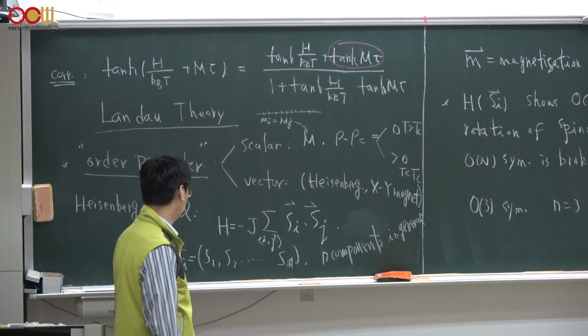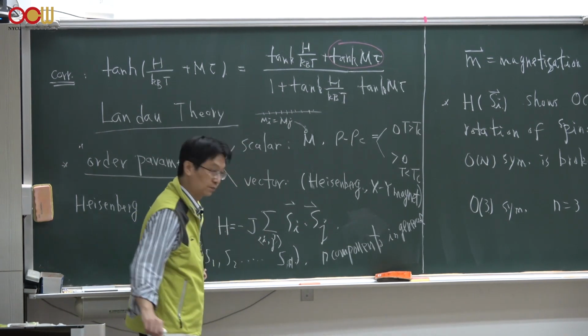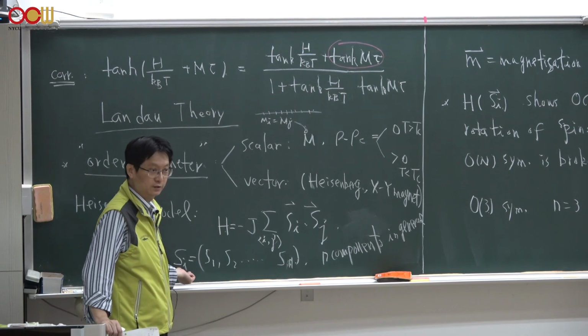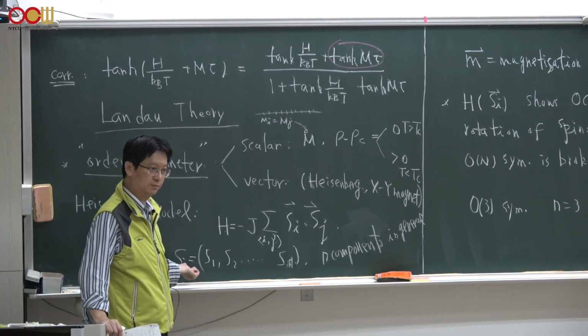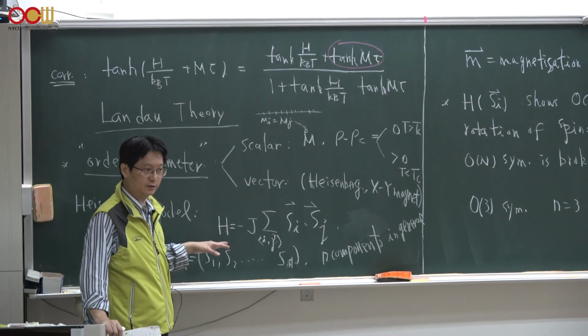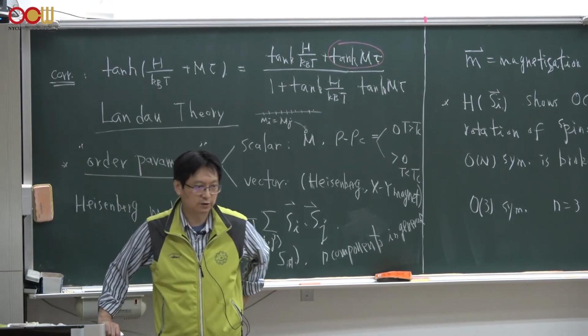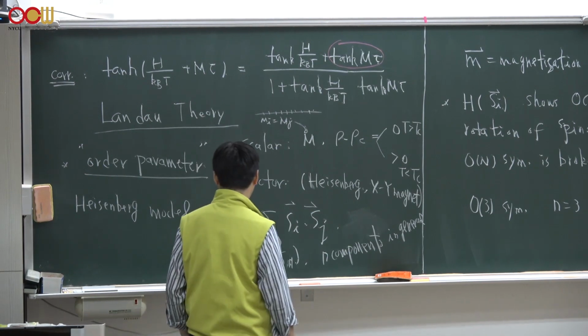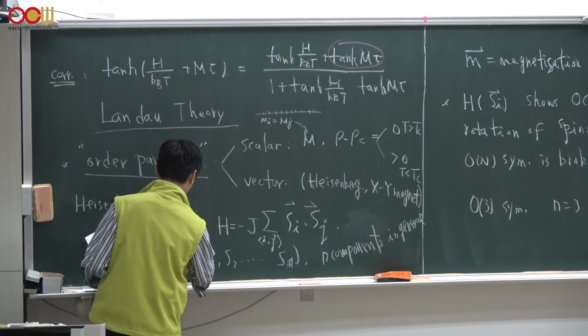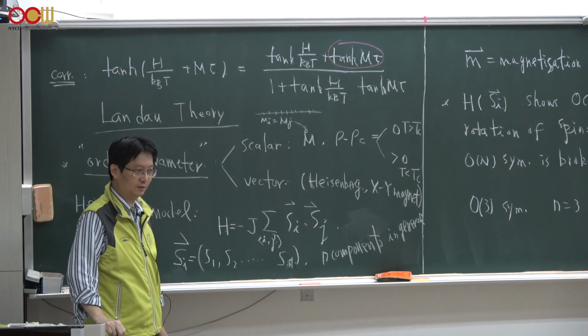Of course, we are living in a three-dimensional world, so the number of components in the spin vector is at maximum 3. But mathematically, we can generalize the spin to n components, which means that we can imagine a world where the spin has n independent components.